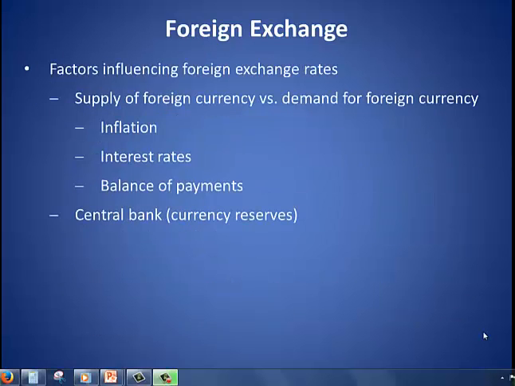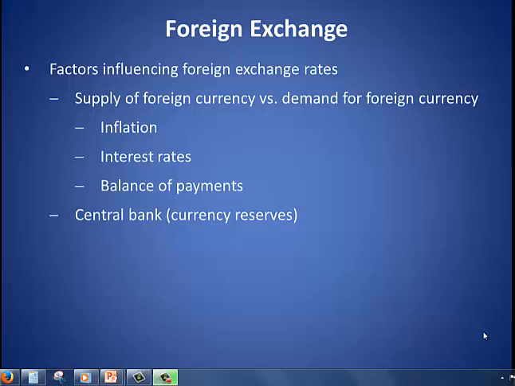Foreign exchange rates between countries change literally on a daily basis for most countries. And I would say that the biggest factor regarding the change in an exchange rate between two countries is the supply of the foreign currency of the other country versus the demand for the foreign currency for that other country.